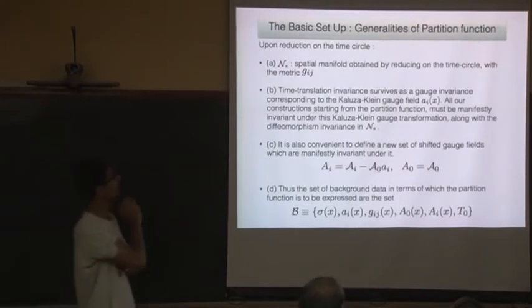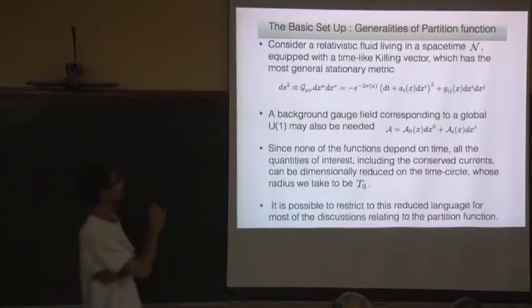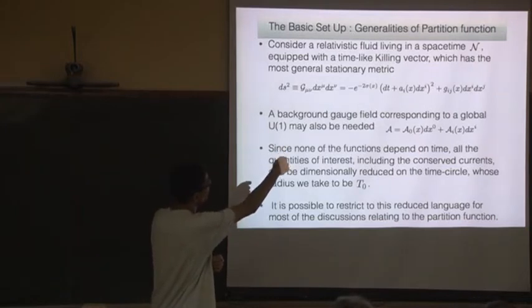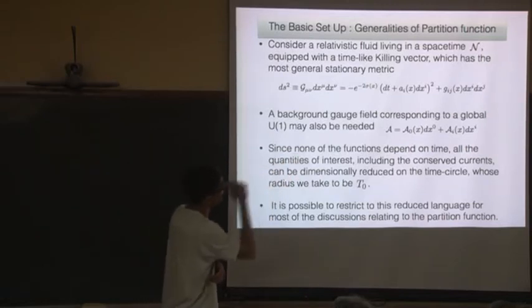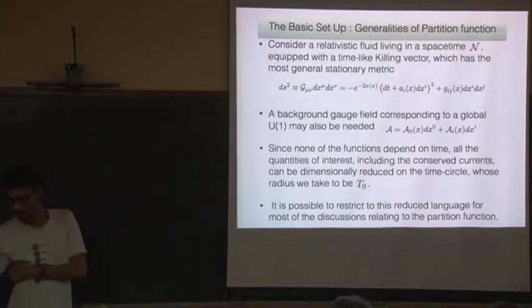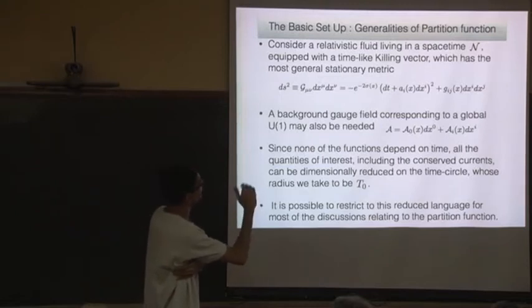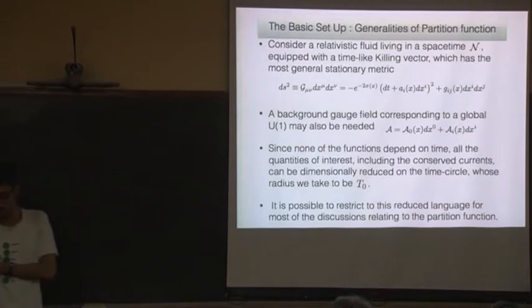So upon reduction on the time circle, I can see from the metric that I can reduce on the direction t, and I will see that there are gauge fields. There will be Kaluza-Klein gauge fields, which are denoted by these small a_i's, and the manifold which I get by reducing on t will be denoted by N with a subscript s.